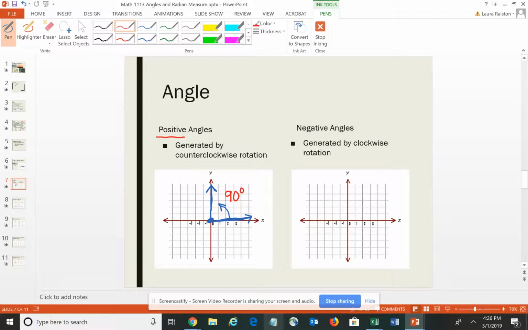But we can also rotate clockwise. Again, you still begin with your vertex on the origin and your initial side on the positive x-axis, but then we rotate, again showing it by the directional arrow that shows that we've rotated in a clockwise direction.